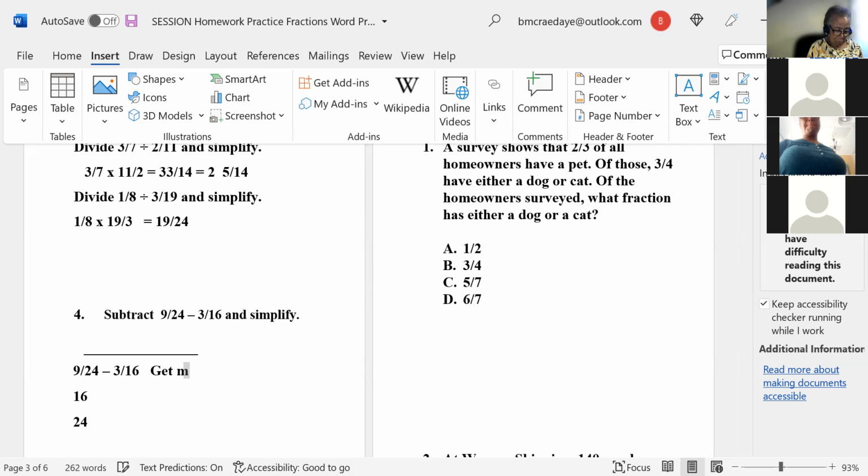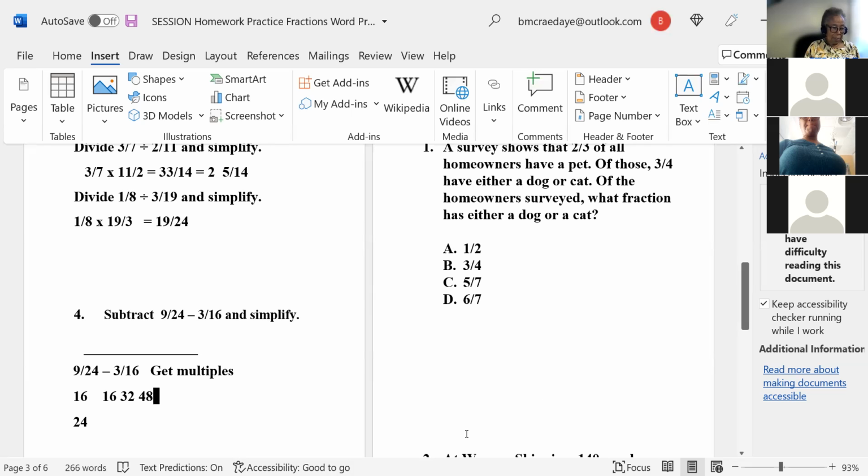Get multiples, not factors. So let's put that here. What's 16 times 2, Mercedes? That's 32. 16 times 3? That would be 48.